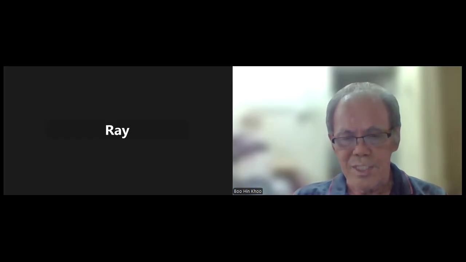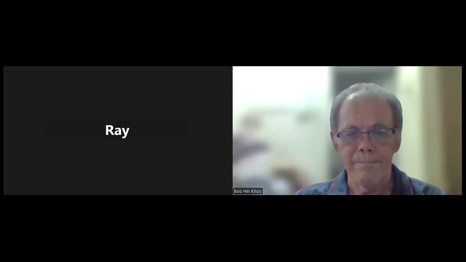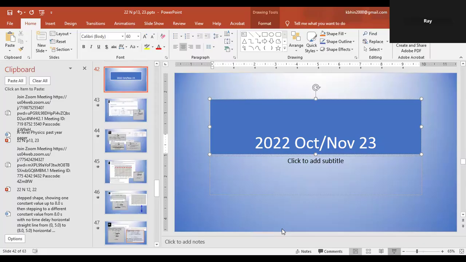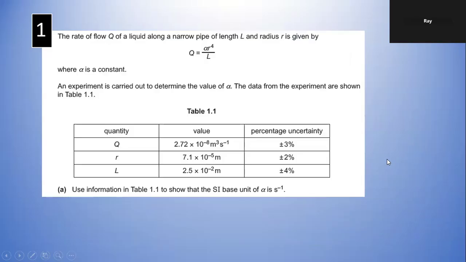Okay, let's go to 2022, October, November, 23. Rate of flow Q of liquid along a narrow pipe of length L and radius is given by the equation, where alpha is a constant.